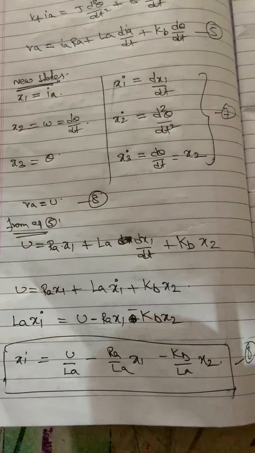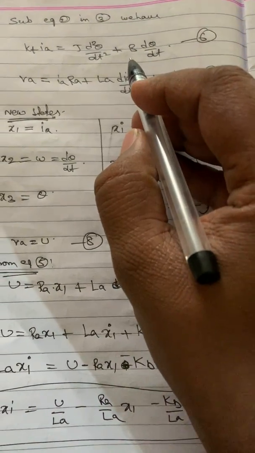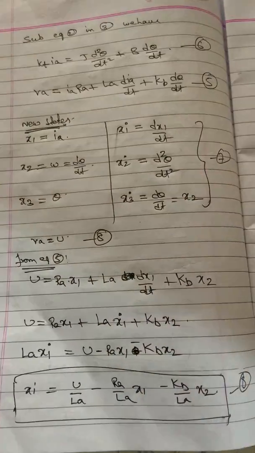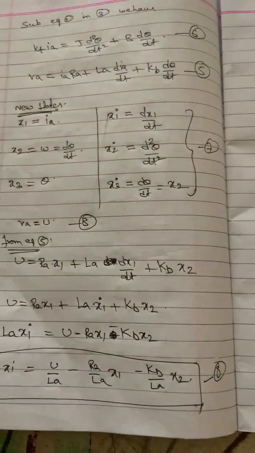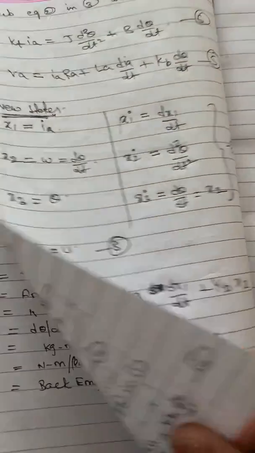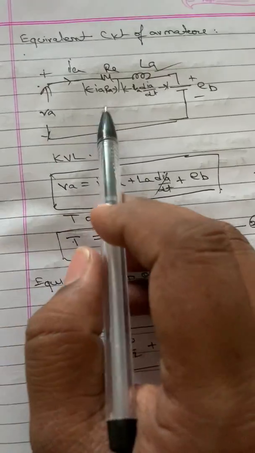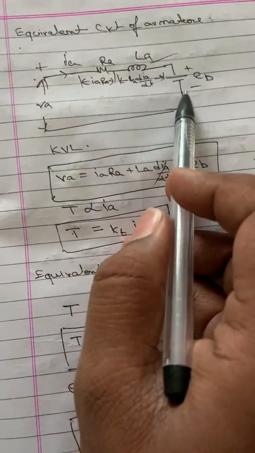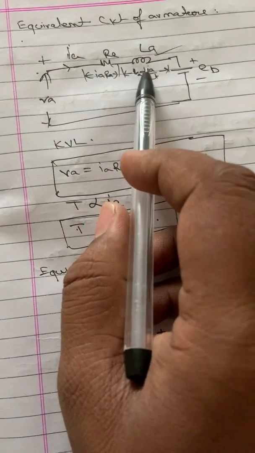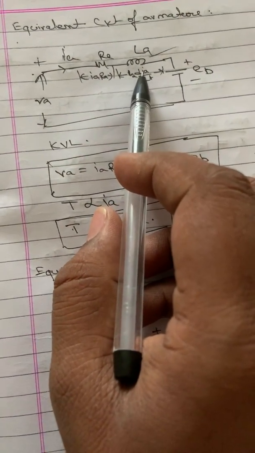Here the system has 2 parts, electrical and mechanical. For any electrical circuit, the total number of states is given by the total number of energy storing elements. Here in our electrical circuit, the total number of energy storing elements is only 1. Ra is an energy dissipating element and La is the only available energy storing element.